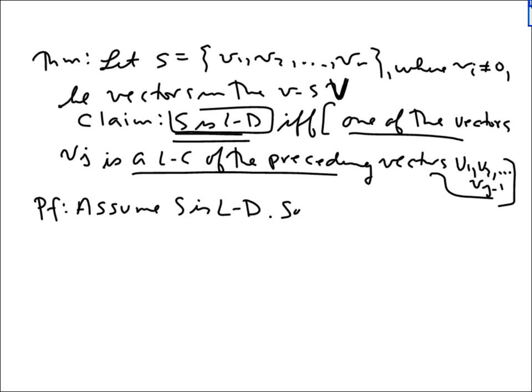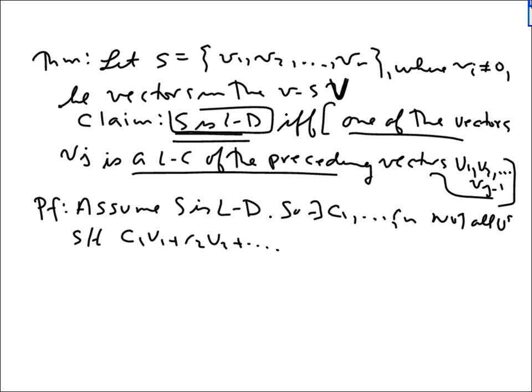You have a linear combination of the vectors in S that equals 0, but not all the scalars are 0. So there exist C1 all the way to Cn, not all zeros, such that C1 V1 plus C2 V2 and so on all the way down to Cn Vn gives you the zero vector.